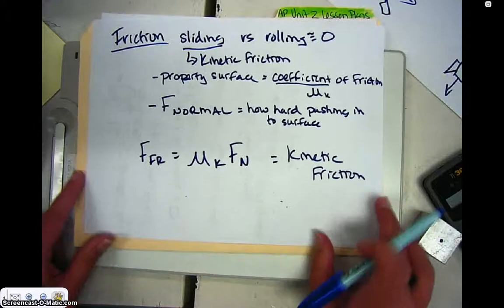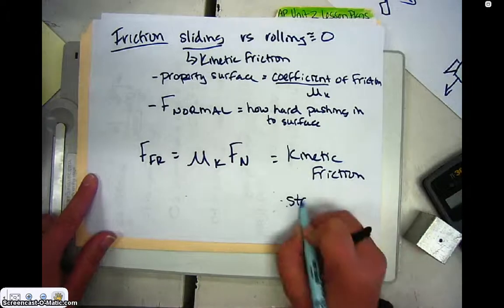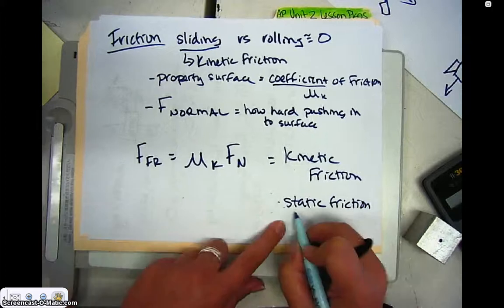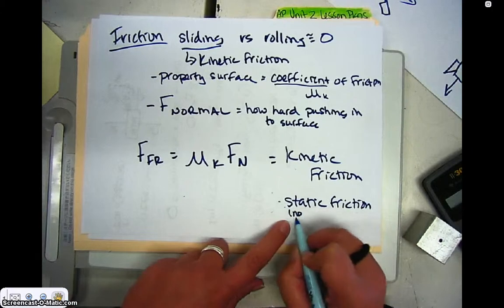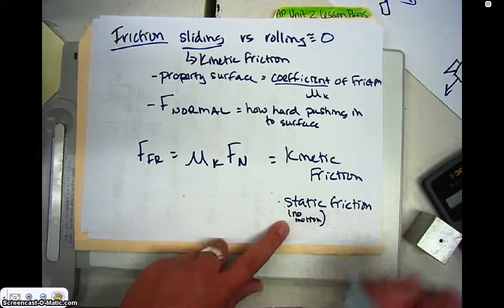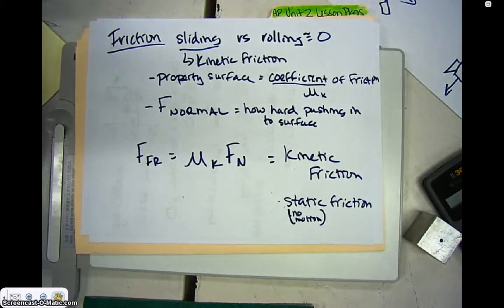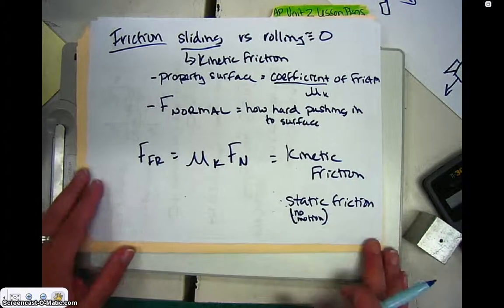This is called static friction. Static friction is when there's no motion, no movement. Kinetic friction is when we're sliding. Now, the equation for static friction is very similar to the equation for kinetic friction.